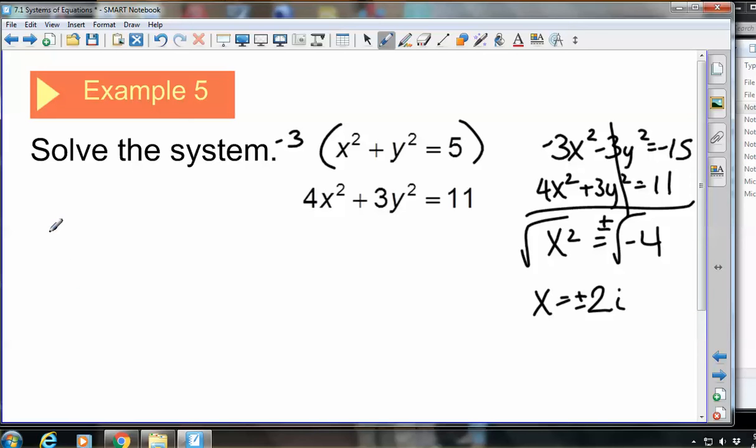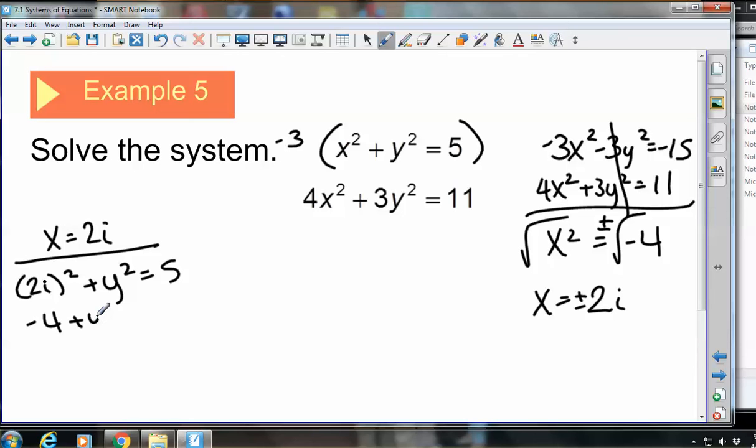Okay, so to find our y, if you plug in a 2i, 2i squared would become 4i squared, which is negative 4. So y squared is 9, which means y is plus or minus 3.